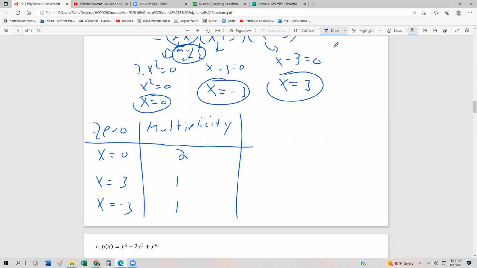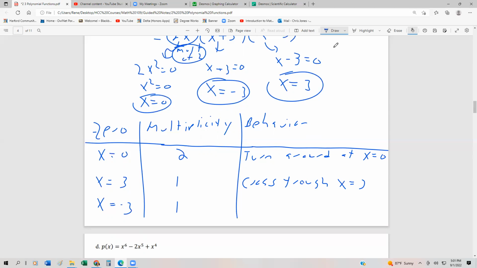It's just going to turn around exactly at that 0. So for our behavior, it's going to turn around at x equals 0. And then it's going to intersect and cross through where x equals 3 and x equals negative 3.